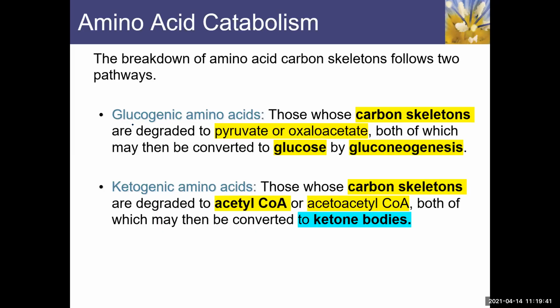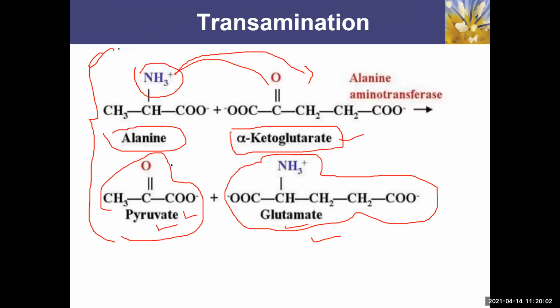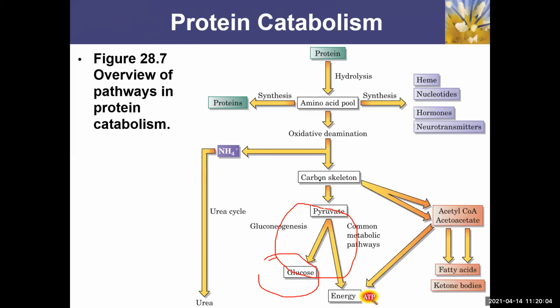Okay, yeah. So this is the last part of the chapter. If you remember when we started with the protein degradation, what did I say? I said that when proteins are converted into amino acids, these amino acids can form the carbon skeleton, right?